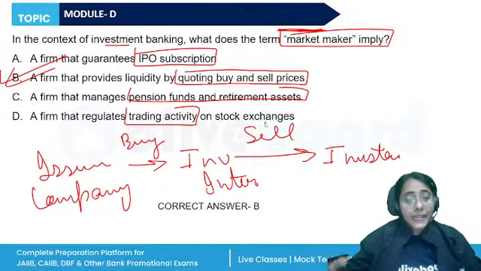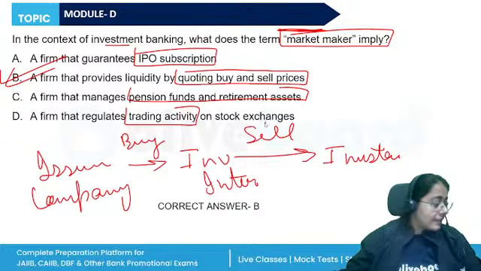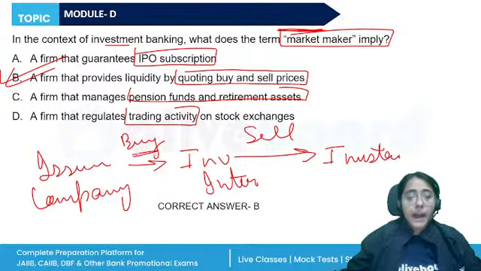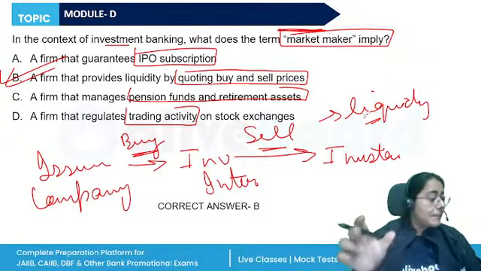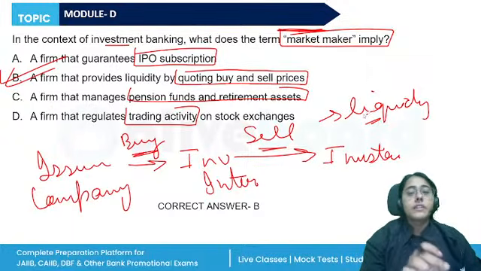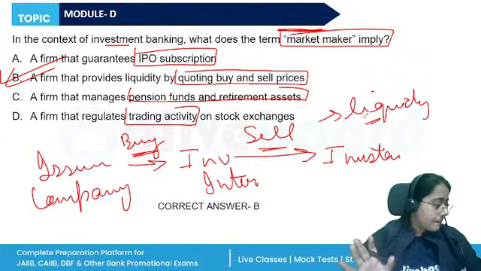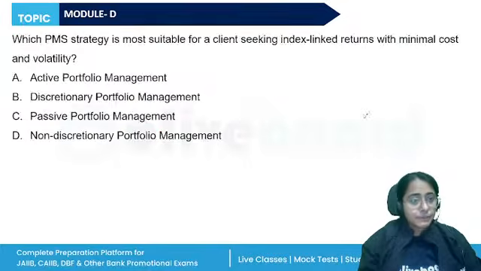So they're buying and selling the shares, the equity, whatever is raised by the issuing company. So buy and sell, creating liquidity in the market. That is why they are known as market makers. They make the market for the investment. So the correct answer is B.